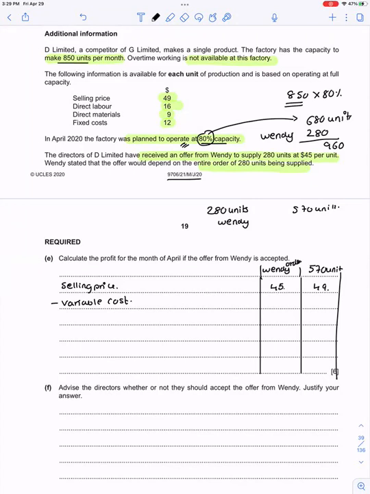For both of them it will be the same. 16 plus 9, 25 and 25. So what is the contribution? My contribution from usual production would be 24 and my contribution from Wendy's offer would be 20.